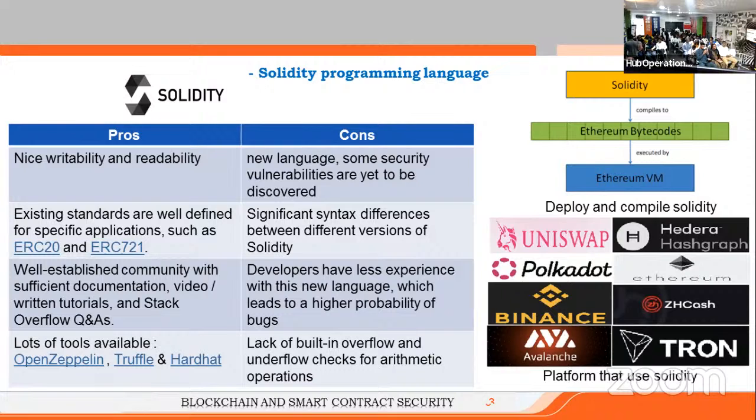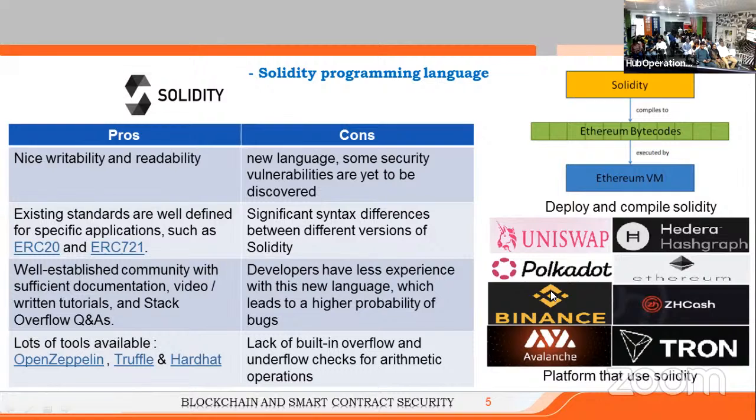That's why it is really sensitive when you deal with smart contracts. Solidity has nice writability and readability. It is a compiled language, so you translate the code into bytecode in order to execute it in the EVM. Solidity is widely used by platforms like Uniswap, Ethereum, Hedera Hashgraph, Polkadot, Tron, Zcash, and Avalanche.